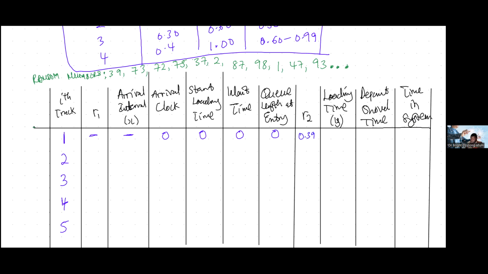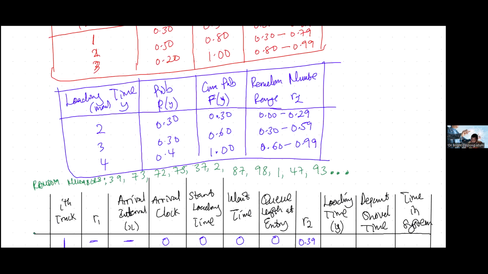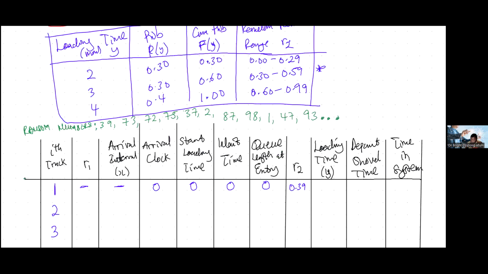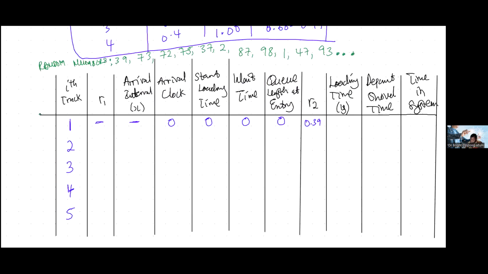So what will be the corresponding loading time for 0.39? So we'll come here, loading time 0.39 is within this area, and that is 3. So it means that it is going to take 3 minutes to load this first truck that comes, right?